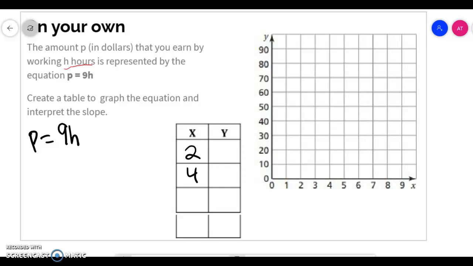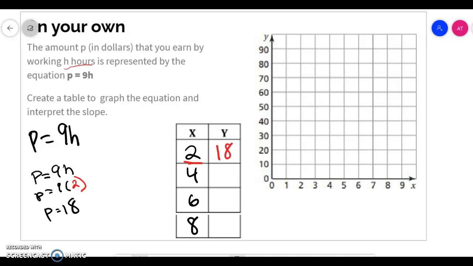Let's do 2, 4, 6, and 8. So what you're going to do is plug in 2 for H. What's 9 times a 2, which is going to give me 18. So my first point on my graph should be 2, 18.